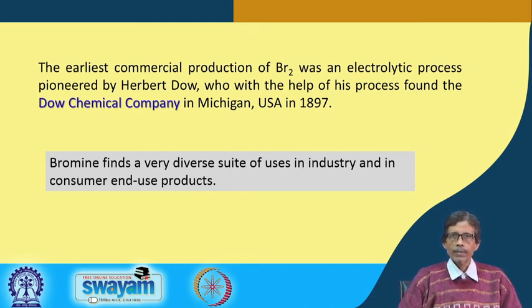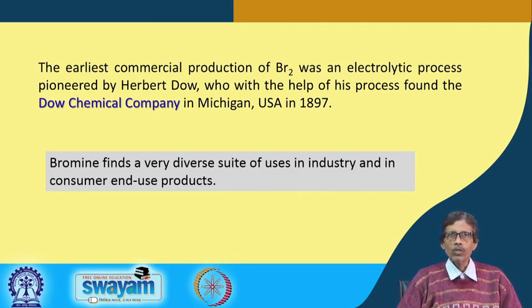The pharmaceutical industry, the drug and medicine industry, uses bromine as the corresponding compound, which we will see afterwards. It is also a very useful material for end-use products where bromine is present in different useful molecules, polymers or types of materials.